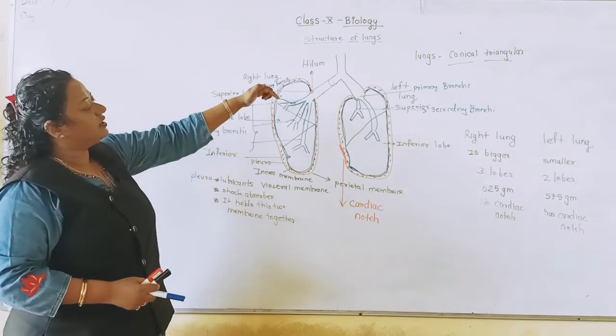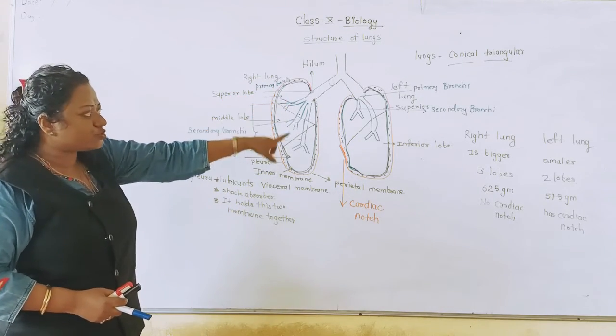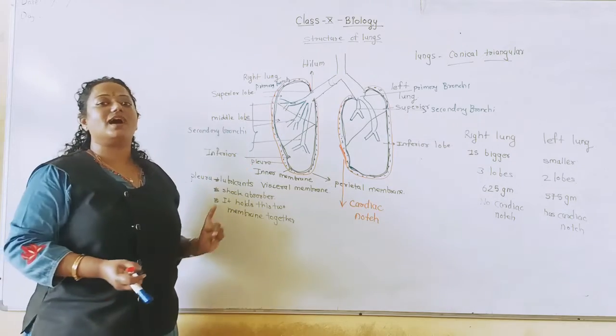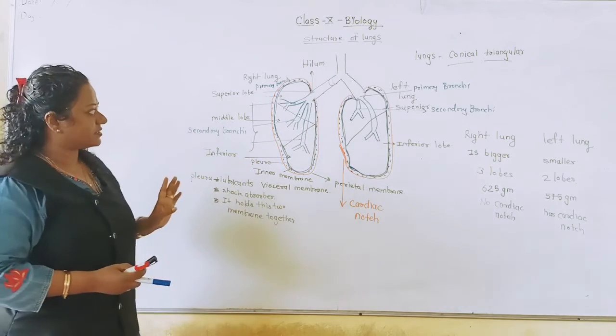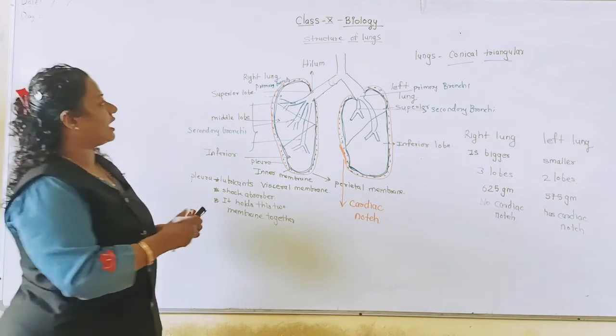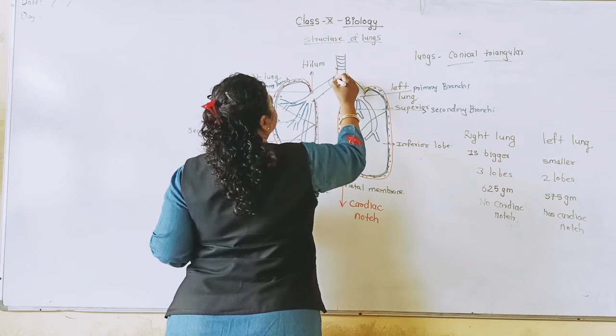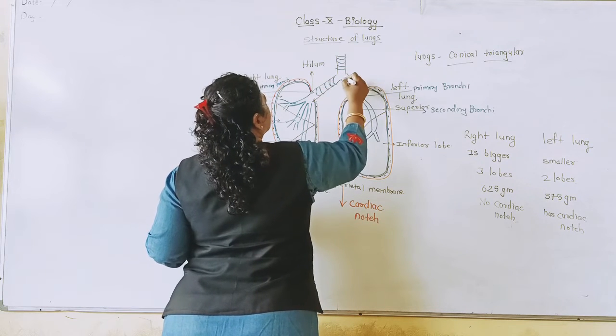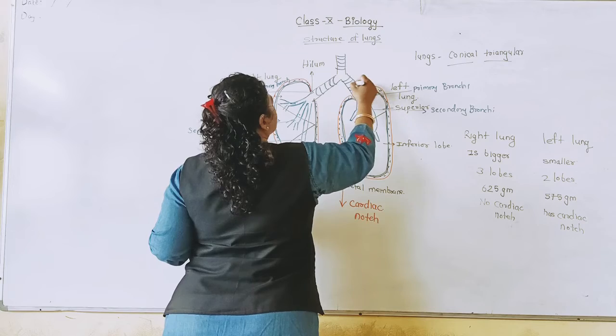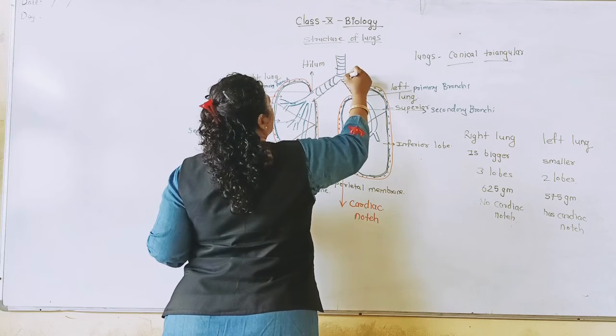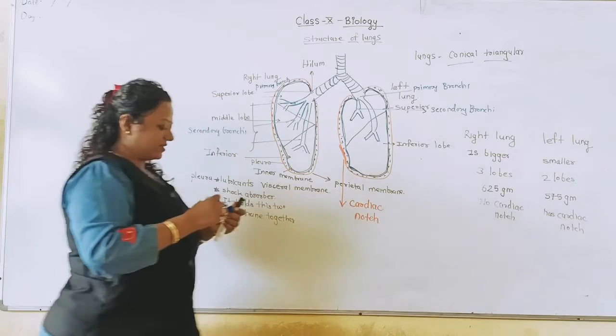And here, into the two lobes the secondary bronchus is inserted. So this is all about the structure of the lungs. I hope you understand the structure.